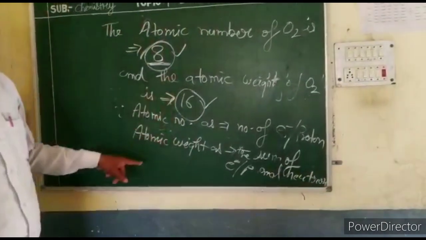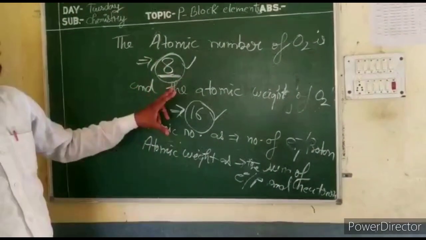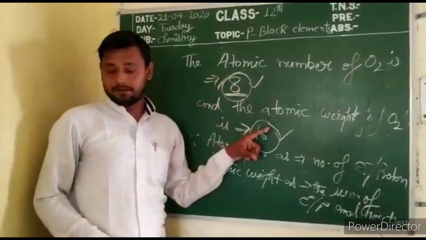These are the basic things of the oxygen atom in P block elements.